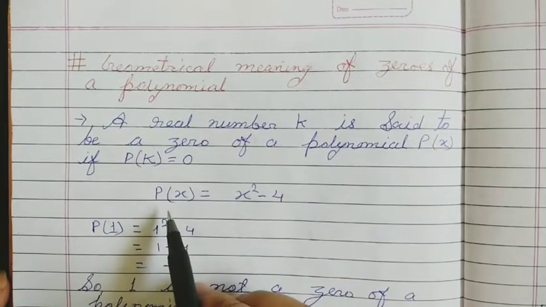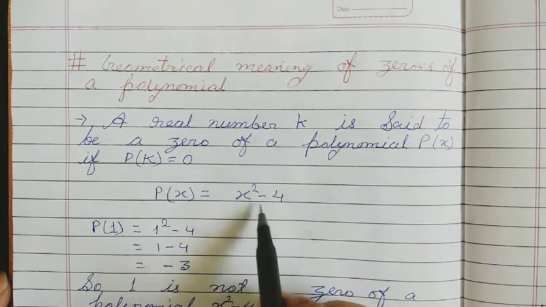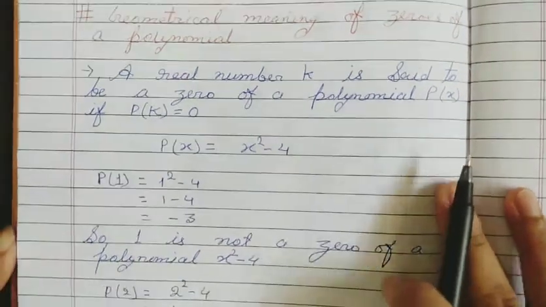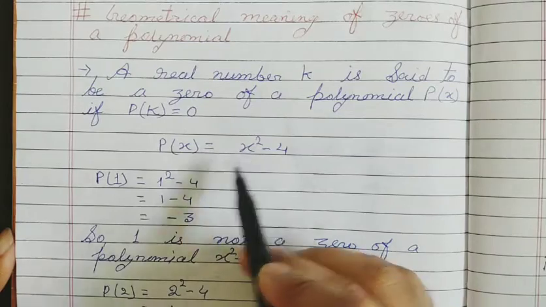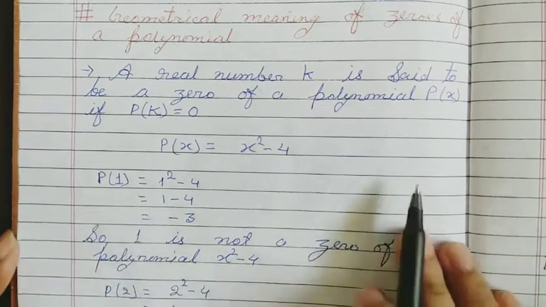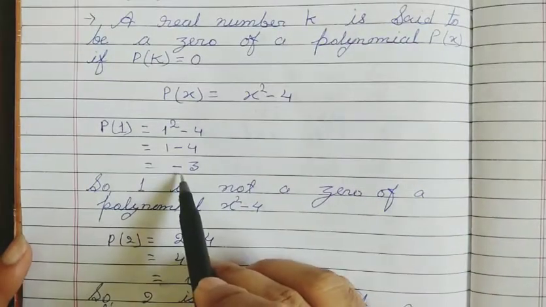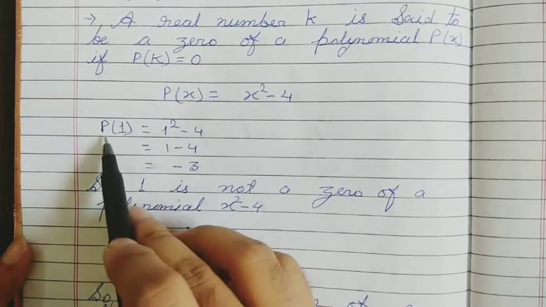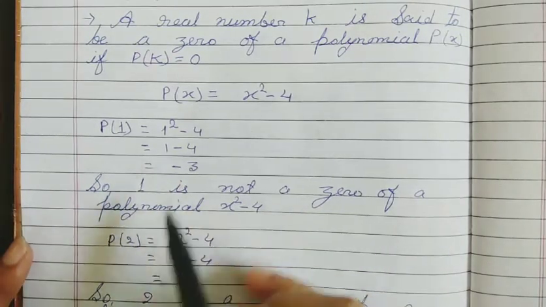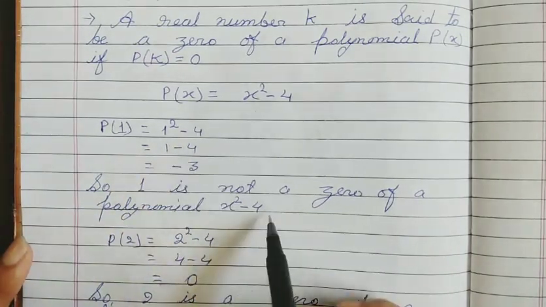Suppose we have a polynomial p(x) is equal to x square minus 4. If we replace x by 1, means we find the value of p(1), we will get minus 3. So the value of p(1) is not equal to 0. That's why 1 is not a zero of the polynomial x square minus 4.